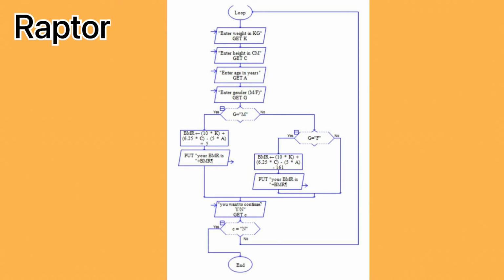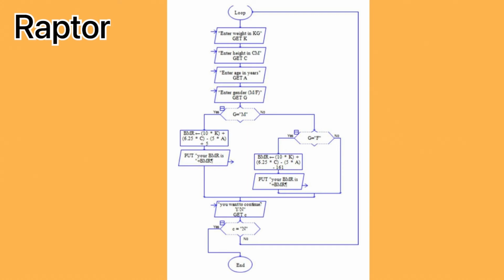Just like I said before, the user will enter weight, height, age, and gender that they want the program to calculate and give the BMR result that they wanted.